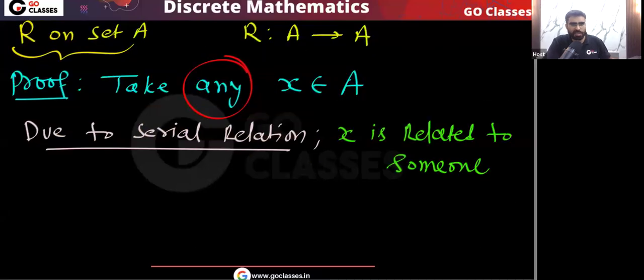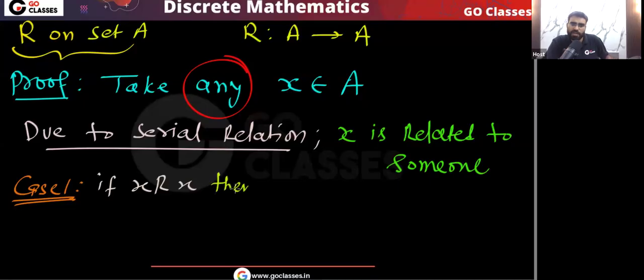Now there are two cases. Case one, if x is related to x, then we are done, because we want to prove reflexive.